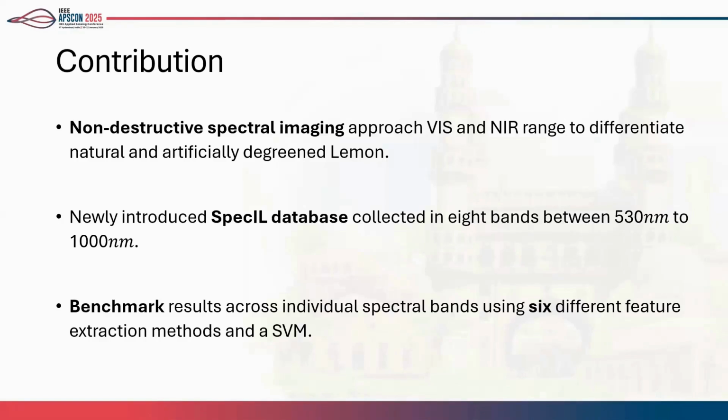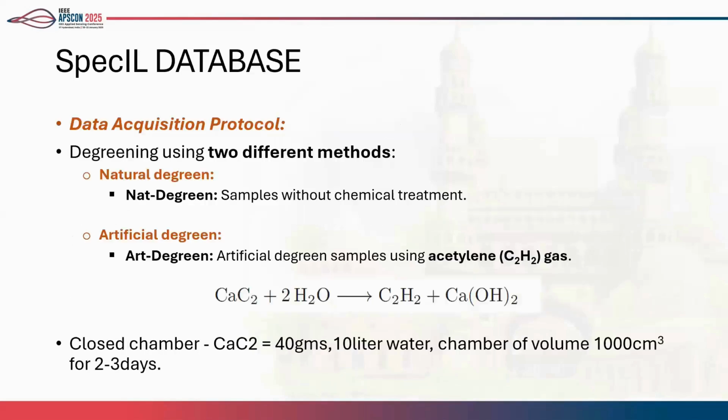Since there is no dataset available, we acquired a dataset, which we call the spectral imaging database, collected in 8 bands in the range from 530 nanometers to 1000 nanometers. Then we present benchmark results across individual spectral bands using 6 different texture extraction methods, and the classifier that we have used is the SVM classifier.